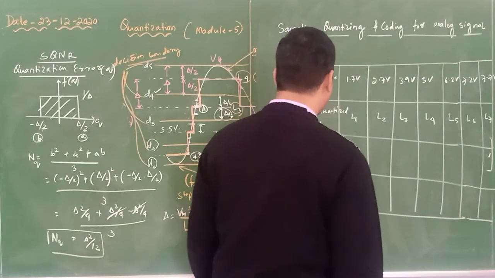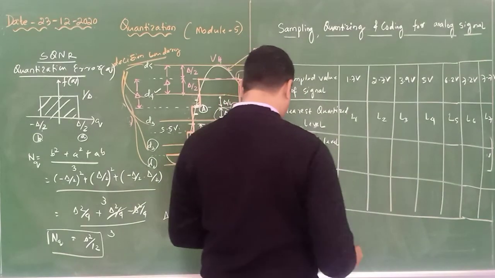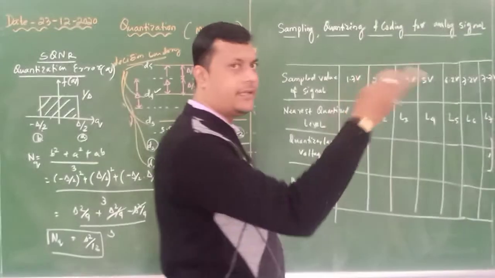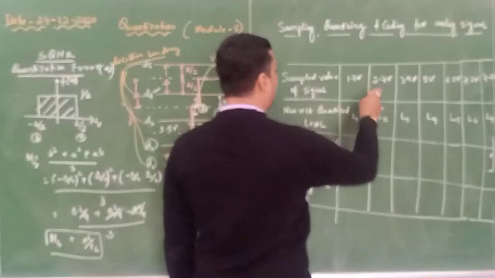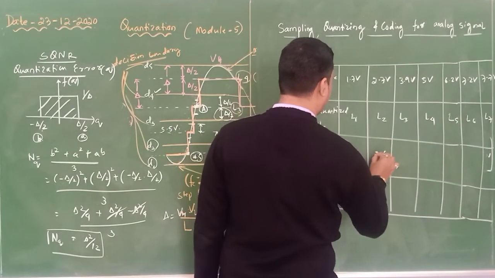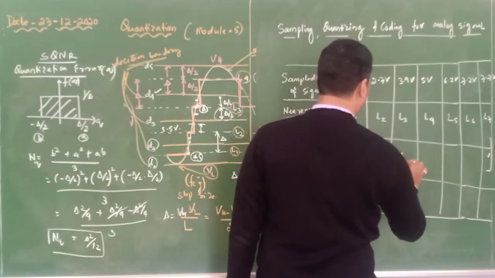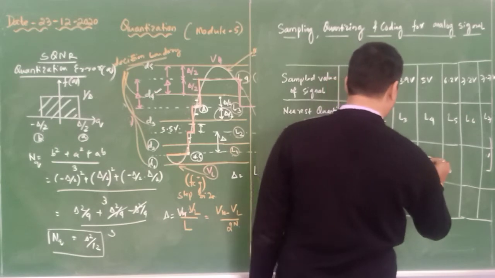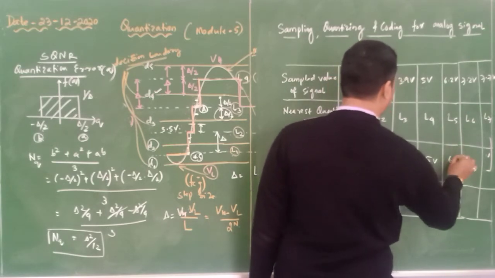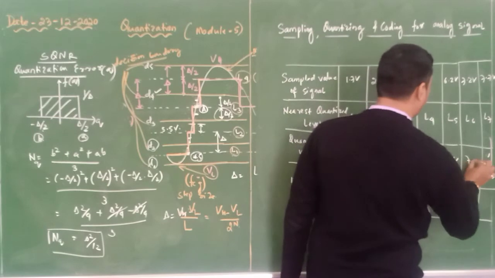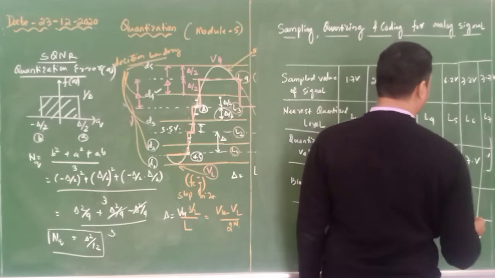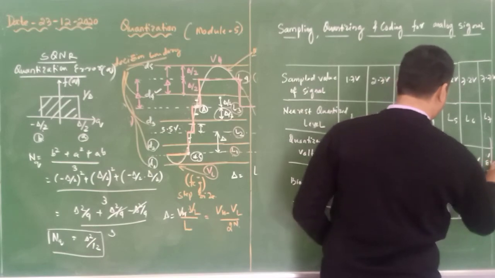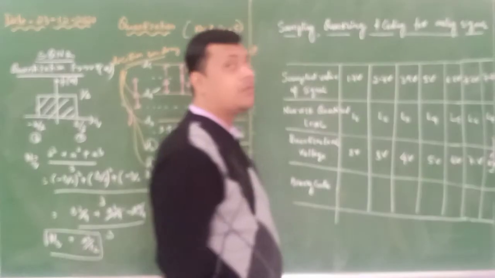These are the number of levels, and the quantized potential is 2, because for 1.7 the nearest potential is 2, for 2.7 the nearest potential is 3, for 3.9 the nearest potential is 4, 5 is around 5, 6.2 is 6 volt, 7.2 is 7 volt, 7.7 is around 8 volt, like this, because this is the round off value.